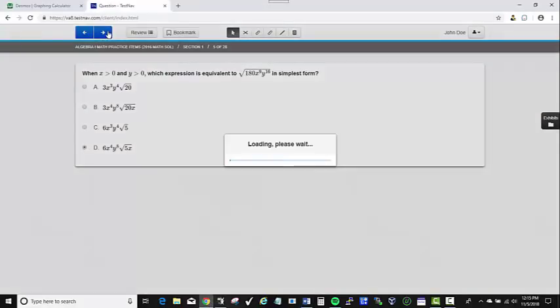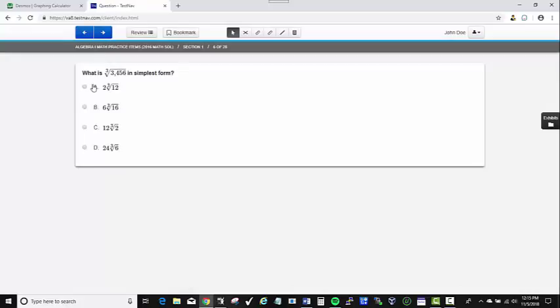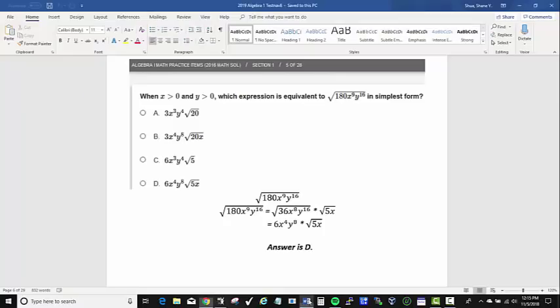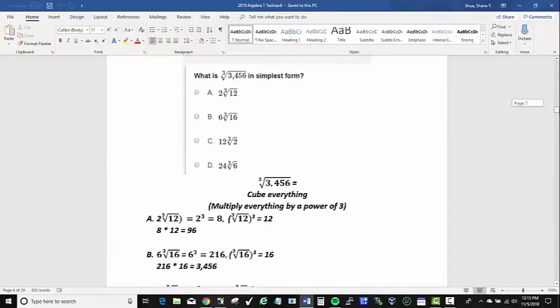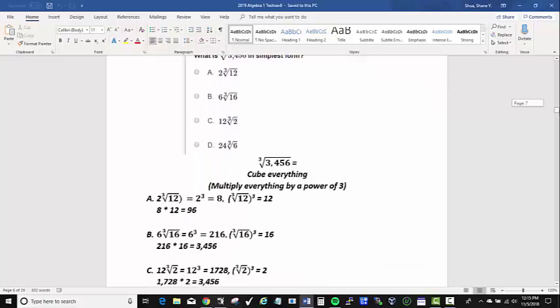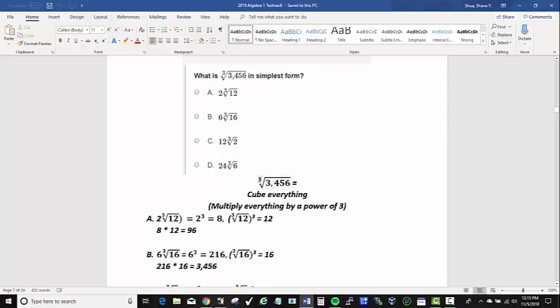There we go. Next. What is the cube root of 3,456 in its simplest form? Okay. So what you can do is, since it's a cube root, whatever this number is, you basically multiply by that power to see if it gives you the number back.